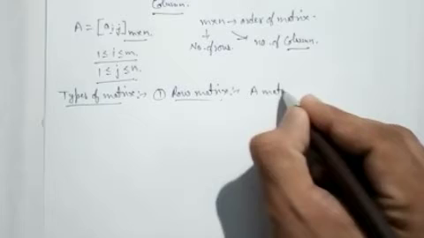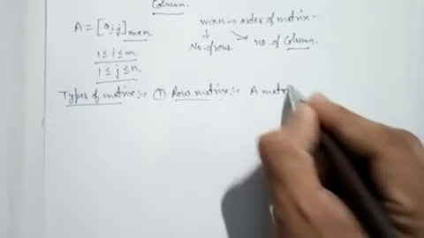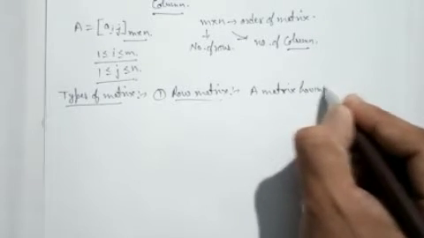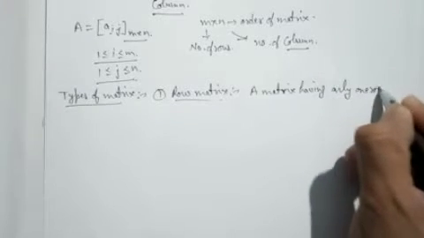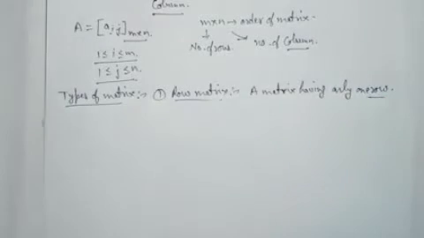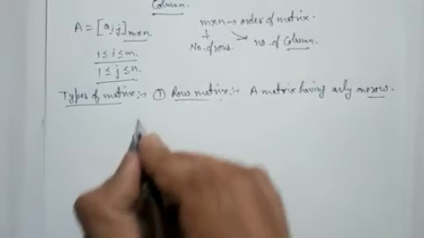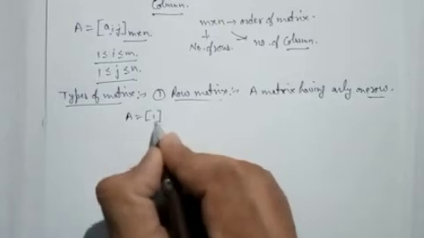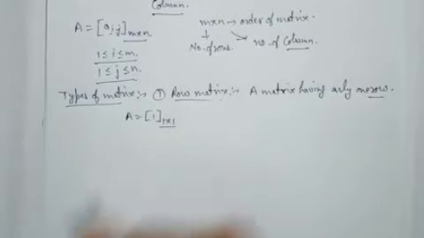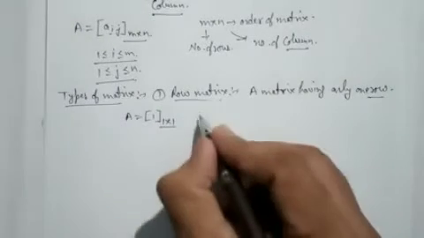There is a restriction on rows, but no restriction on columns. For example, A matrix is 1. This is 1 cross 1. This is also a row matrix.